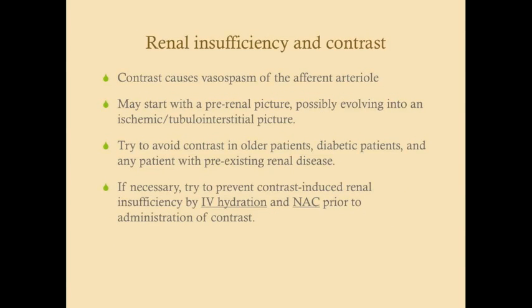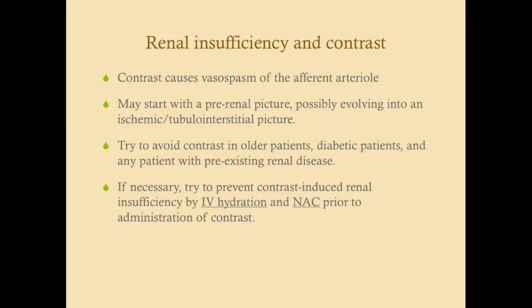So I talked about contrast just a little bit ago, and contrast is a common cause of renal insufficiency, particularly in patients that are diabetic, older, or have pre-existing renal disease. We have to be really careful when we use contrast in these patients. And the reason is because, one, it is toxic, and two, it does cause vasospasm of the afferent arteriole.